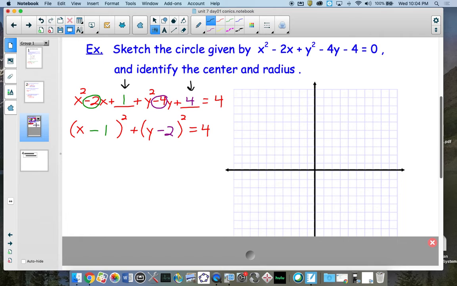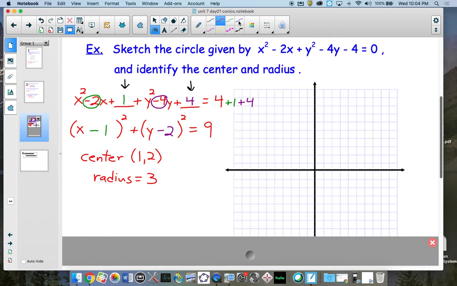So that means that we need to add 5 to the right side as well. So now what we have on the right side is 9. And so now this tells me that the center of my circle is at 1, 2, and the radius squared is 9, so the radius equals the square root of 9, which is 3.